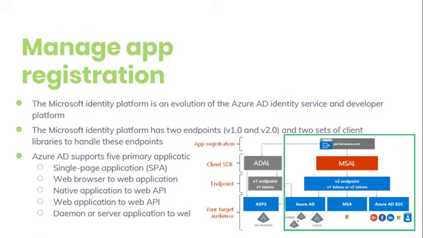It's a full-featured platform that consists of authentication services, open source libraries, application registration and configuration, full developer documentation, code samples, and other developer content. The Microsoft Identity Platform supports industry standard protocols such as OAuth 2.0 and OpenID Connect.